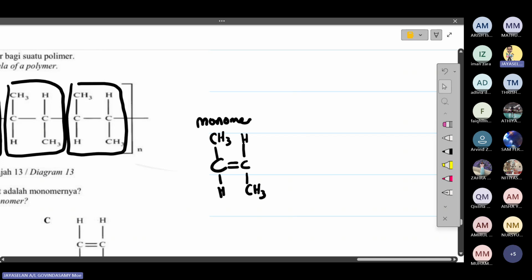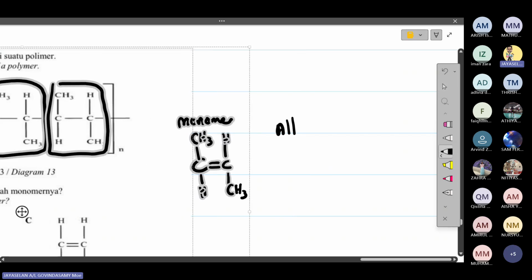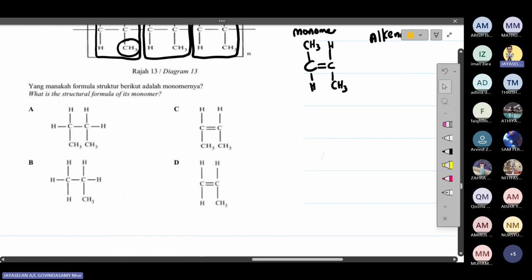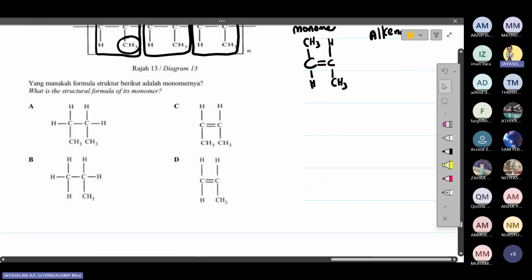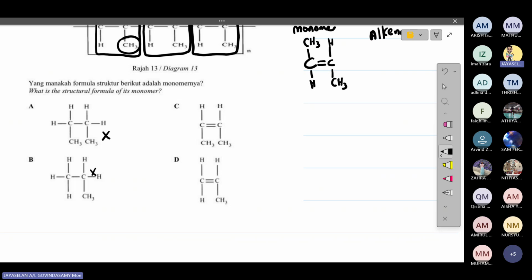This monomer belongs to what homologous series? Alkene. Go and check. Is there one like this? Which one has it? This one has no double bond. The monomer must have a double bond. This has one CH3, here there is none, so cannot. This one has one CH3, so your answer is C.